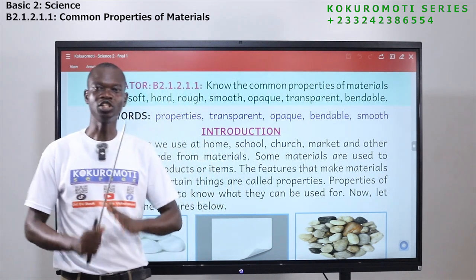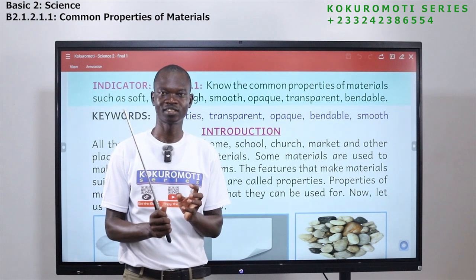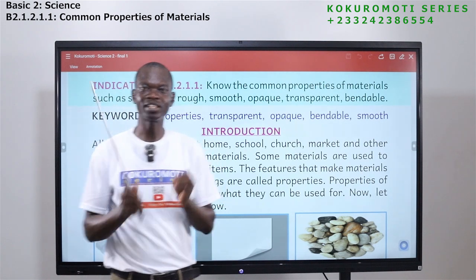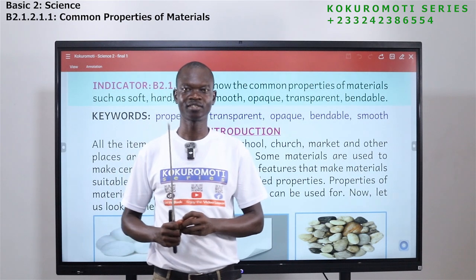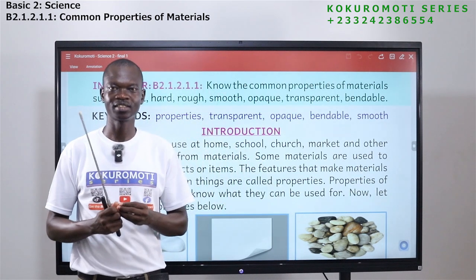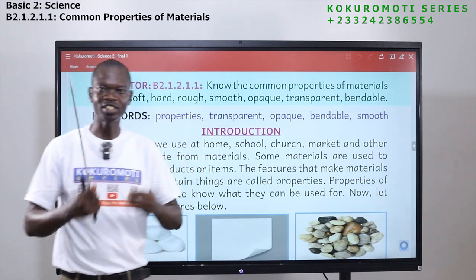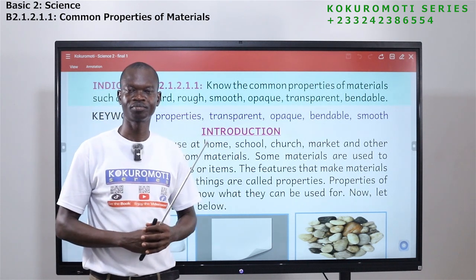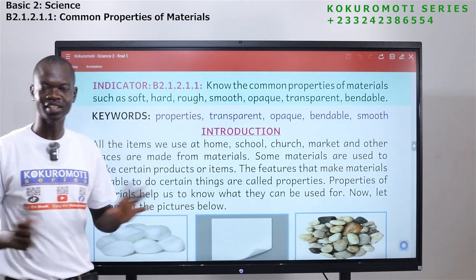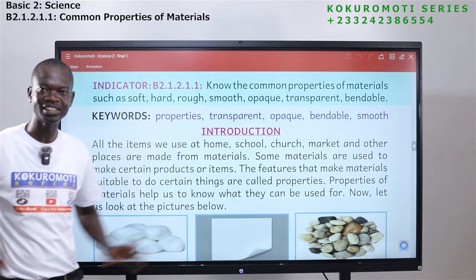We are talking about unique features, things that make the material different from others. And these features help us determine what the materials can be used for. So all materials are not the same because their properties are different.